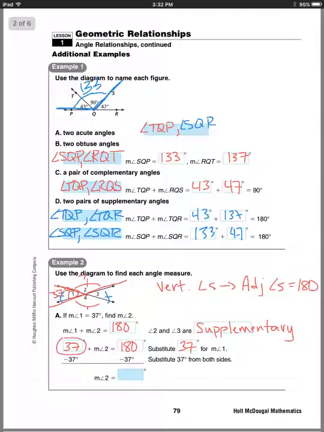So 37 is being added, so we subtract 37 from both sides, and the measure of angle 2 is 143. Now if I know that angle 2 is 143, 3 is going to be 37 because it's opposite angle 1, and 4 is going to be 143 because it is opposite of angle 2. So if you know one measure, you can find all of the measures with vertical angles.